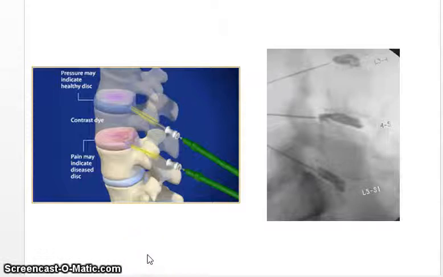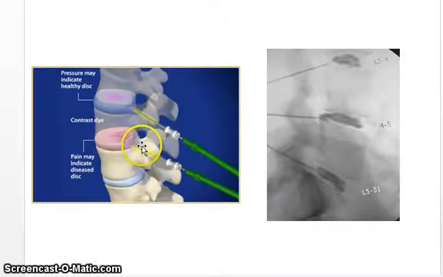Okay, and then the last interventional procedure mentioned in the neurologic category is the discogram. Again, this is also a percutaneous procedure where they place needles through the skin into the actual disc, and the disc is the cartilage in between each vertebral body.